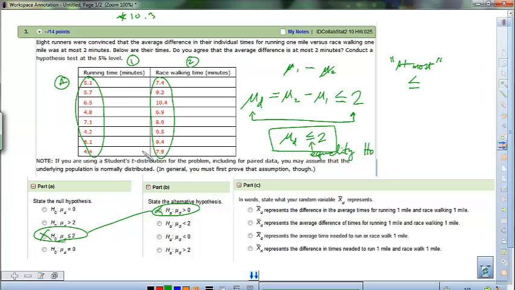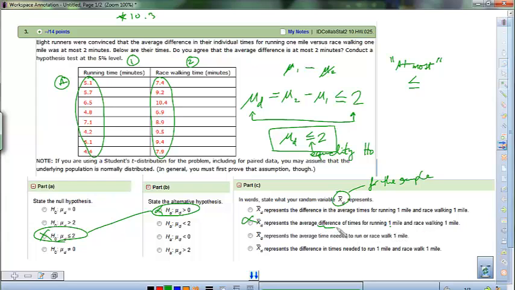Now if we were to take this sample and find differences and find the average, we get x bar sub d. So x bar sub d would be for the sample. And what they're asking here is, what does that represent? It's the average difference of the running times, so running 1 mile versus walking 1 mile.